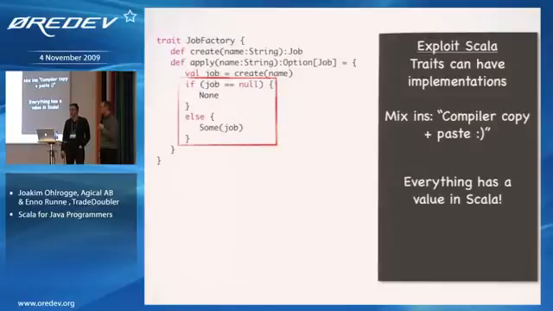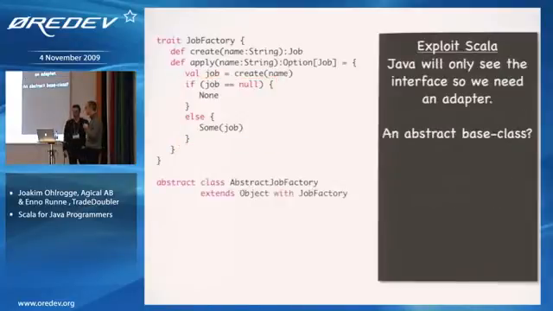And some people maybe tried Ruby or something and are familiar with the concept. So for the Java, we add some plumbing, and that's not more than this. We create an abstract class which extends object, basically nothing, with this job factory stuff. We have to do this because Java doesn't have this automated cut and paste compiler thing. So we have to give Java some abstract class, the class that contains this code.